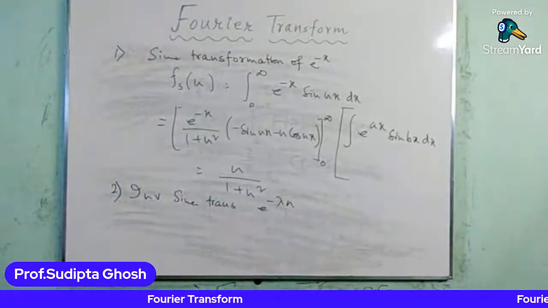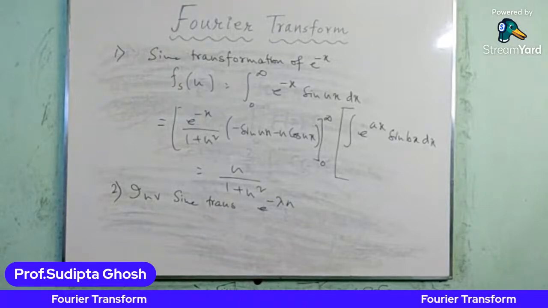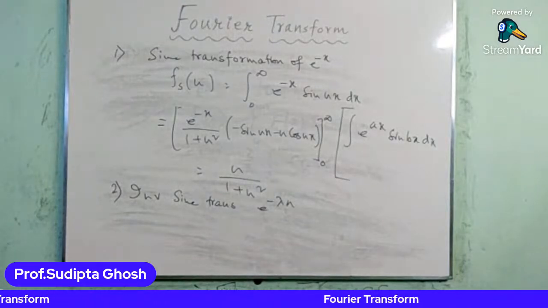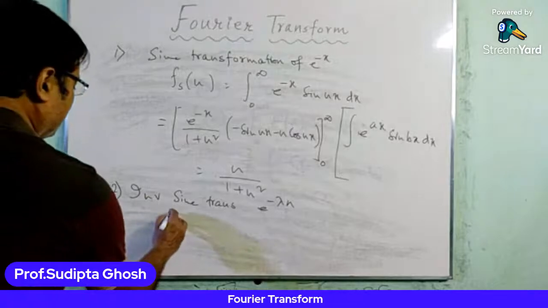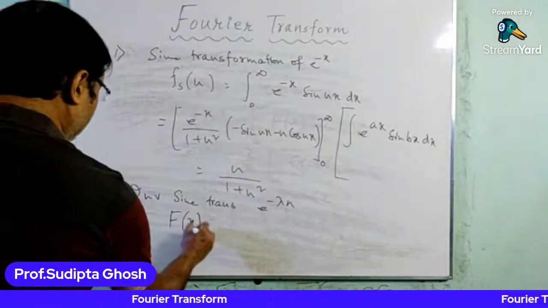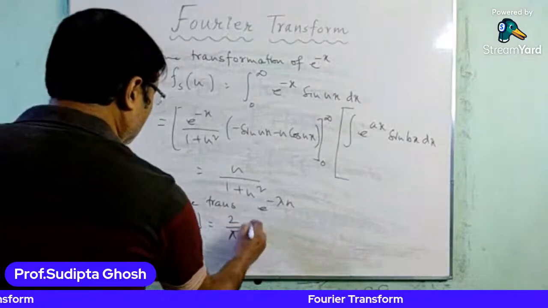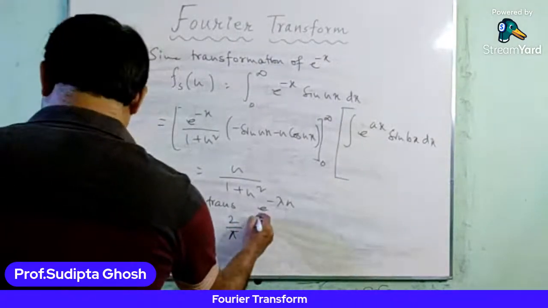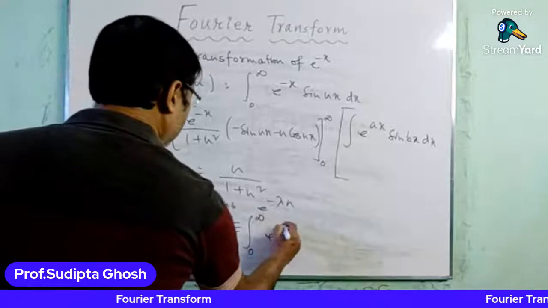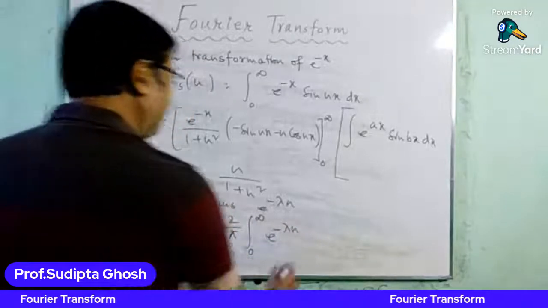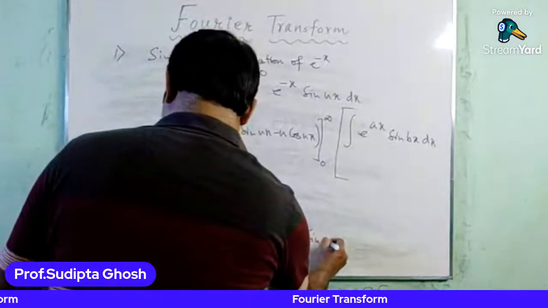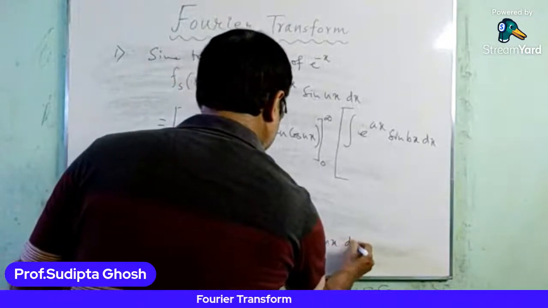So the function is e to the power minus lambda n. To get the value of f of x, we have to find the integral 2 by pi integral 0 to infinity e to the power minus lambda n, then sine nx into dn.